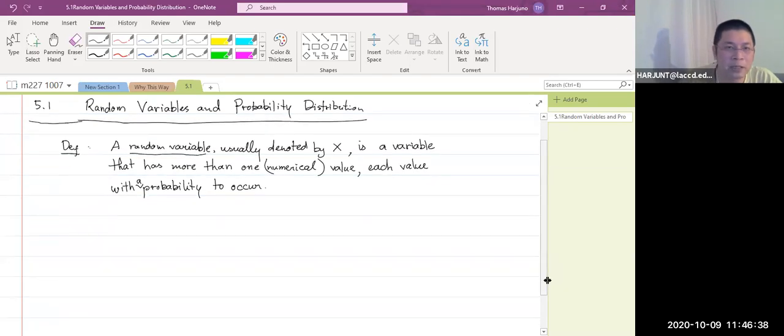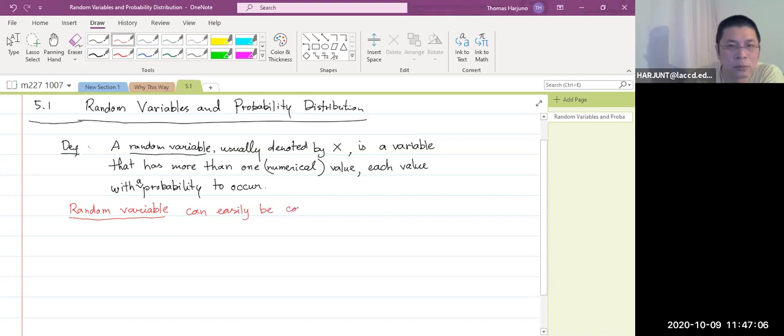Now, I want to explain this further, not just by definition. The phrase random variable can easily be confused with sample space.